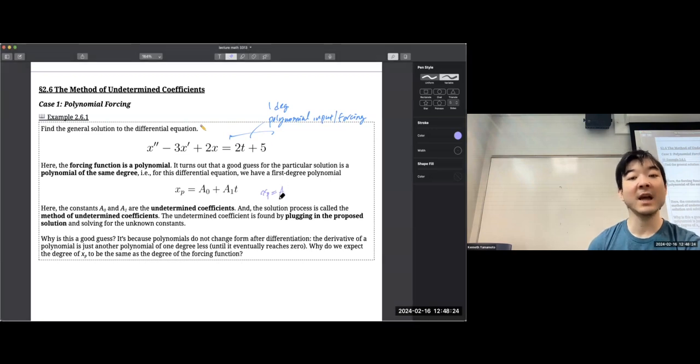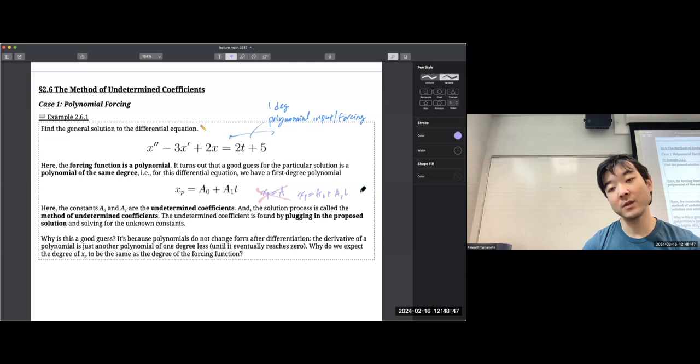If you just plug in a constant a, then of course x double prime will be 0, x prime will also be 0, and x will be a, but you'll have no t terms on the left-hand side. And there's no way you're going to get the left-hand side to match the right-hand side if you plug this one in. You could go higher and plug in something like a naught plus a1t plus a2t squared.